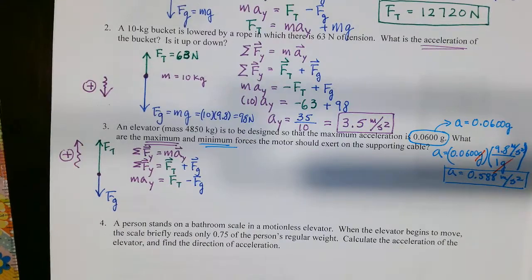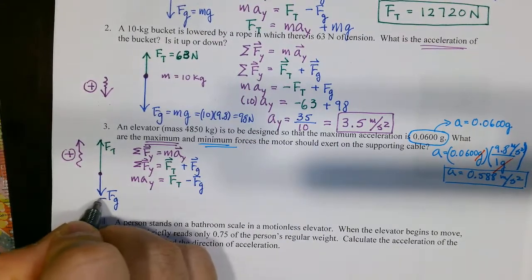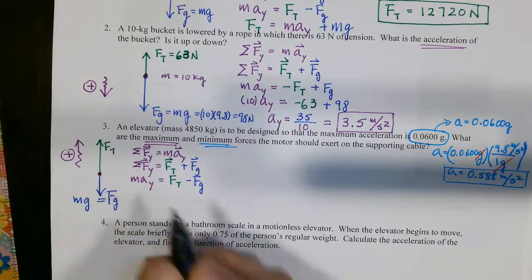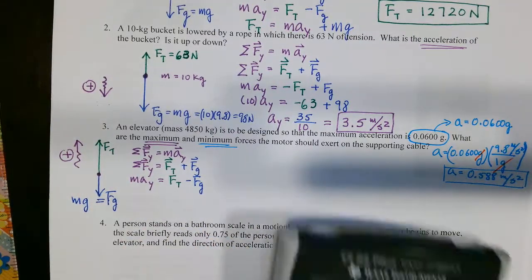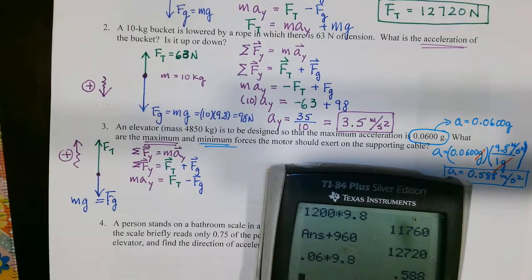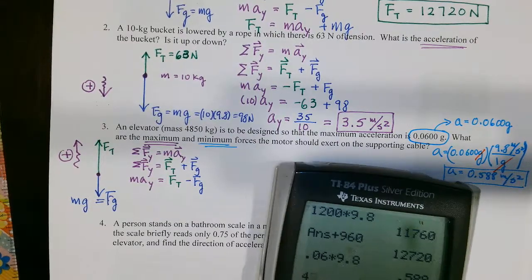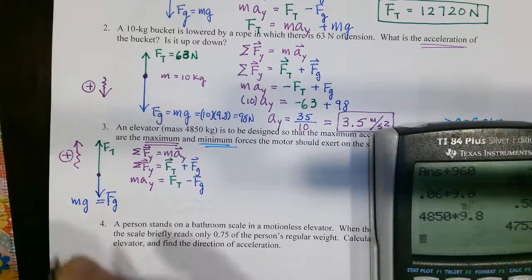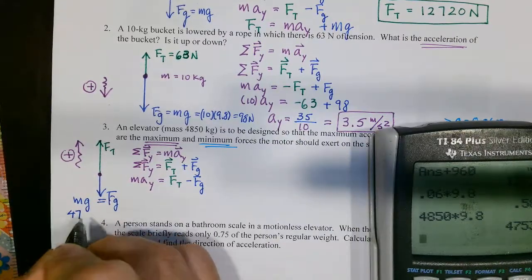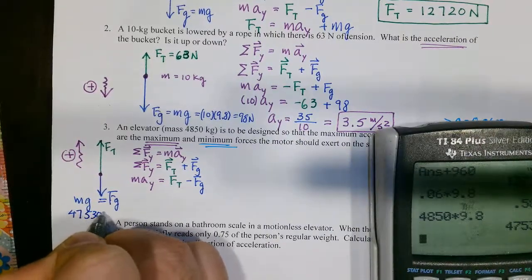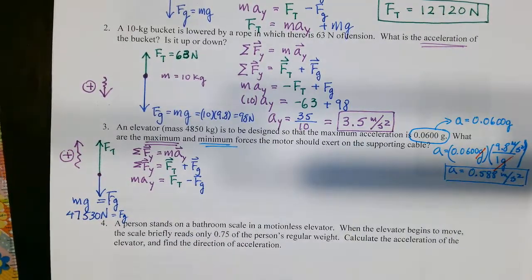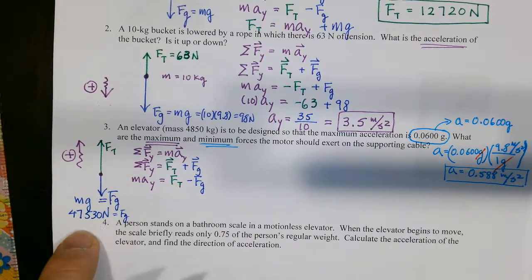Fg is mg, and that is 4,850 times 9.8. That looks like 47,530 newtons is my Fg. Well, that value is not going to change whether it's going up or down, okay?